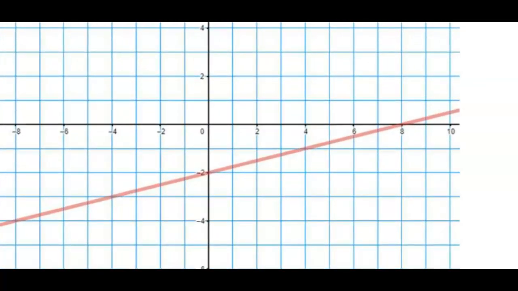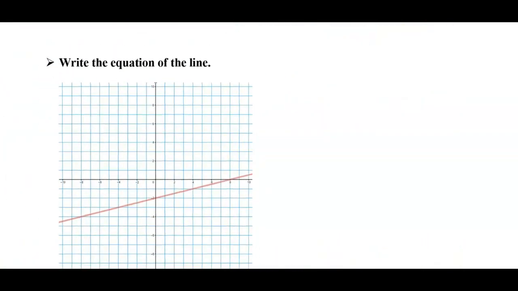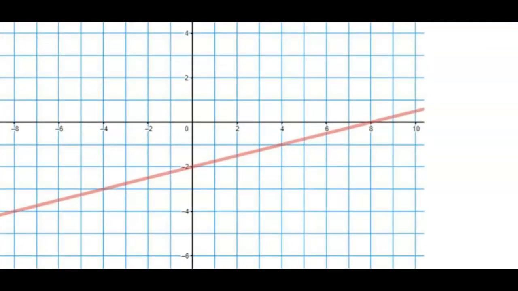Let's zoom in on that spot where this line crosses the y-axis. What do you think is the y-intercept? My y-intercept is going to be -2. The next thing I need to do is find the slope. So before we start counting, let's say, is this a positive or negative slope? Definitely positive. And then let's get some dots on the line in order to count.